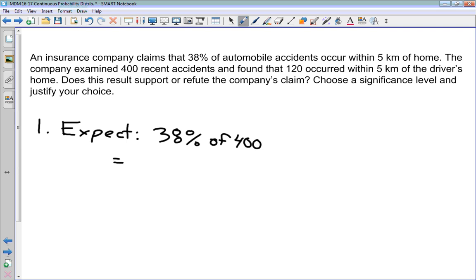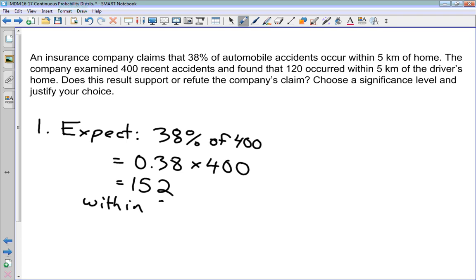So our expectation here is 0.38 times 400, or 152 are within 5 kilometers. So that's our expectation based on the underlying population.